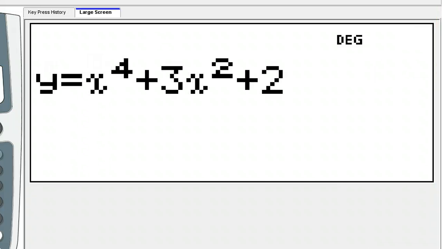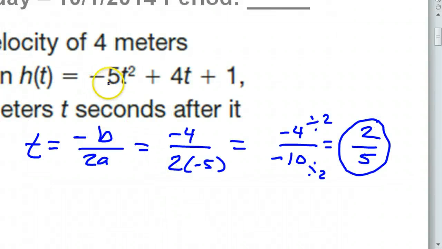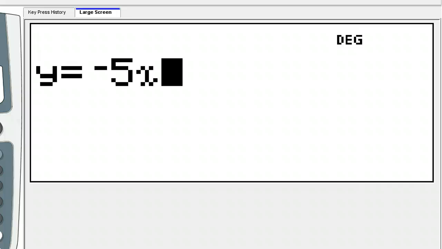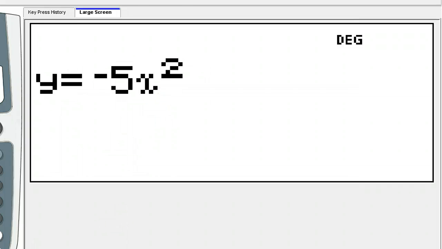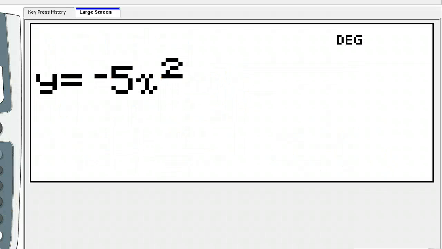So hitting the table feature of your calculator, I'm just going to clear this out. We've got negative 5t squared, so we'll do negative 5, and we have to settle for x squared. We're not going to use t's, we got x's. And then plus 4t plus 1, so I'm going to do plus 4x plus 1.